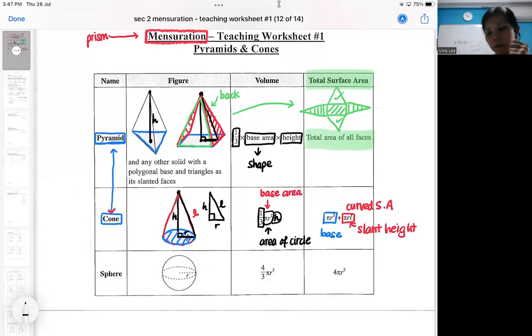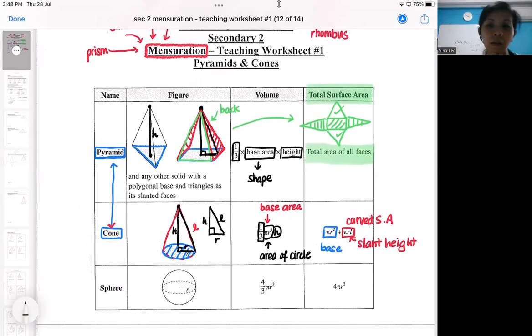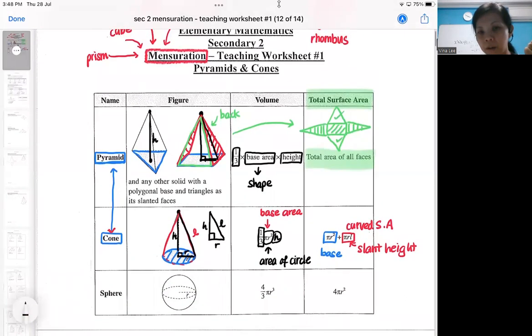There's a lot of it, especially in pyramid, and it's a bit unseen. So that will be the introduction for pyramid and cone. Sphere, we'll talk about in another teaching worksheet. So currently you should be able to see cone as part of the pyramid family. Yes, you should find some similarity in the formula.